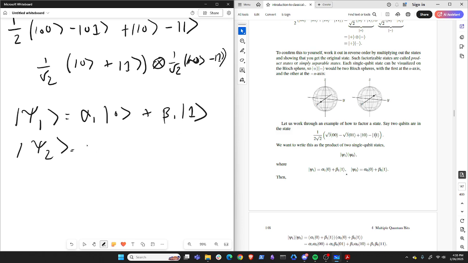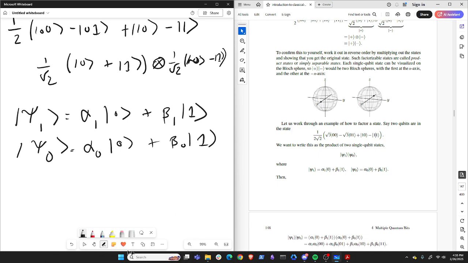Actually, sorry, let me use the convention that they use in the actual example here. And psi 0 is alpha sub 0 state 0 plus beta sub 0 state 1. So we have two different states with two different pairs of amplitudes.